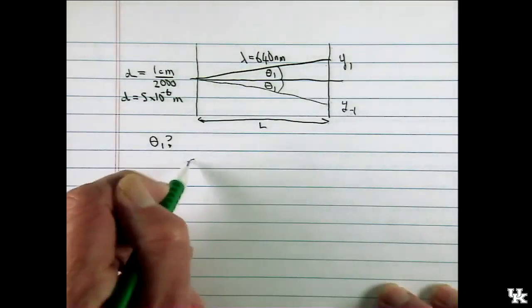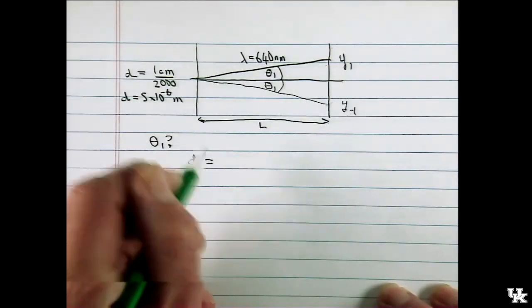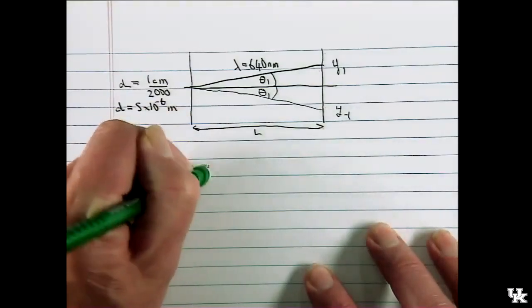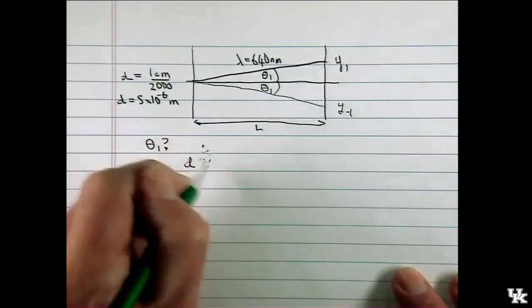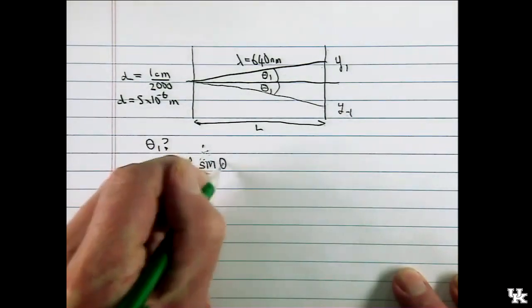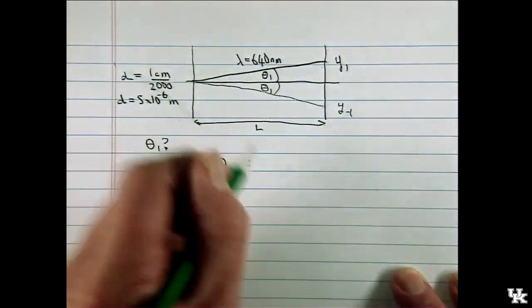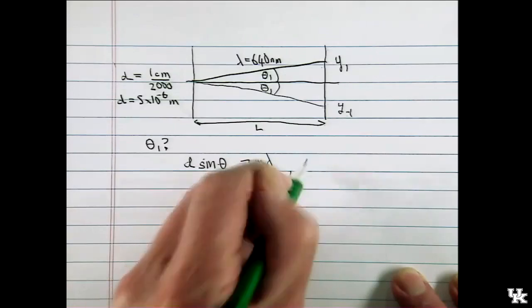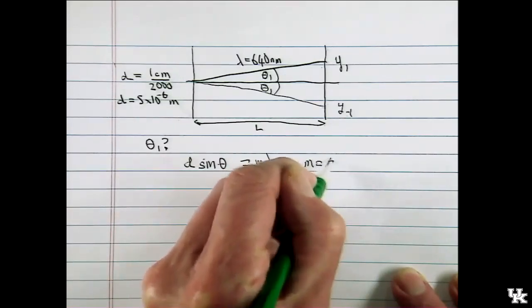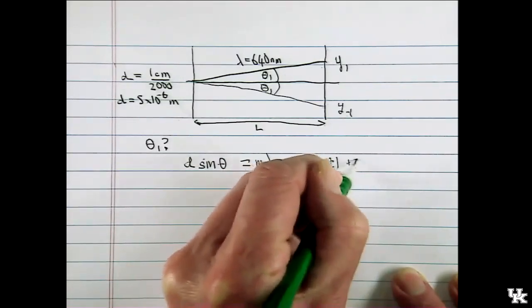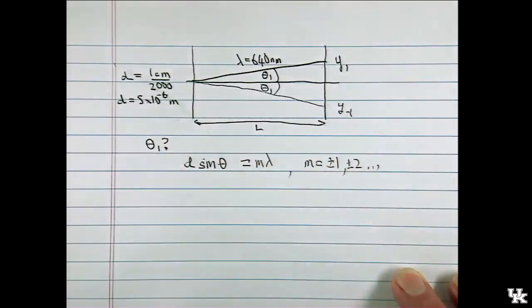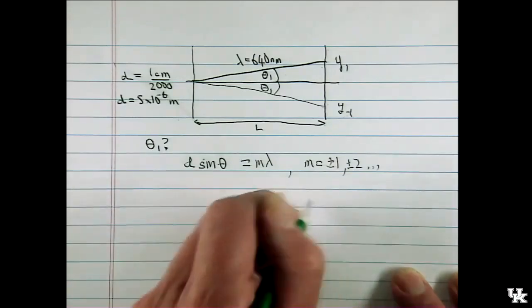That master equation for the multi-slit diffraction pattern is d sine theta equals m lambda, where m is that integer, plus or minus 1, plus or minus 2, and so forth. It's the order of the diffraction pattern. In our case, we want the m equals 1 diffraction pattern.